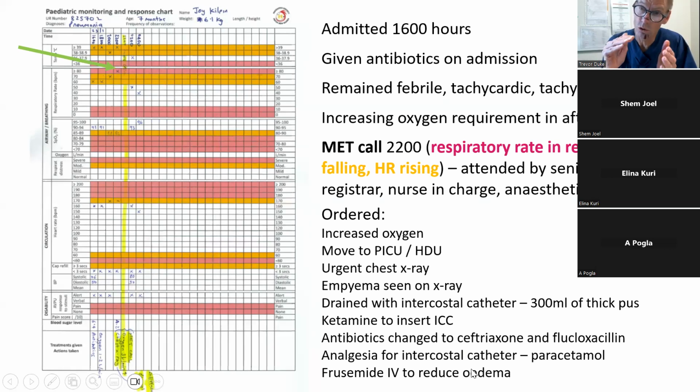So at the MET call, all of these things were decided and they were done in the next couple of hours. And the point was, this girl had been deteriorating, but instead of deteriorating to the point of having an arrest, she was able to have a series of interventions, not one, but a series of interventions that changed the outcome.